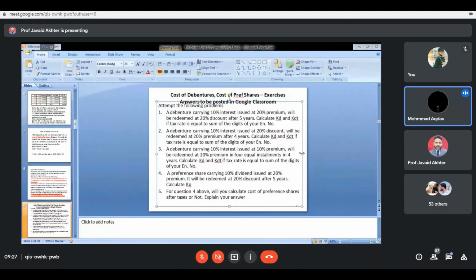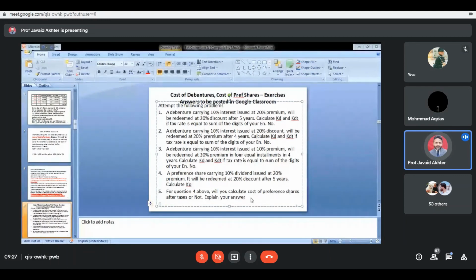So what is N number? Enrollment number. This I have explained to you in the third unit in one of the exercises, how to arrive at this figure. What is your enrollment number?